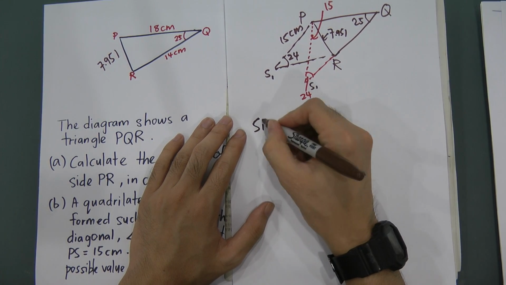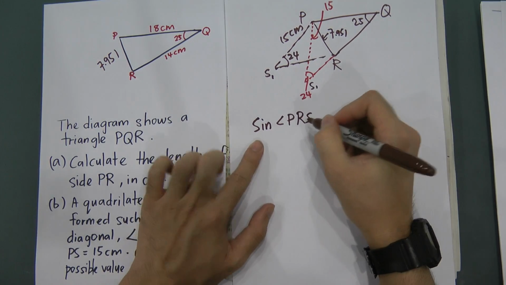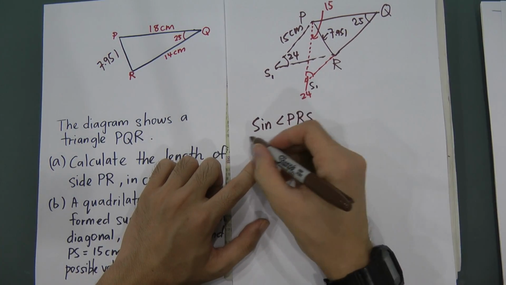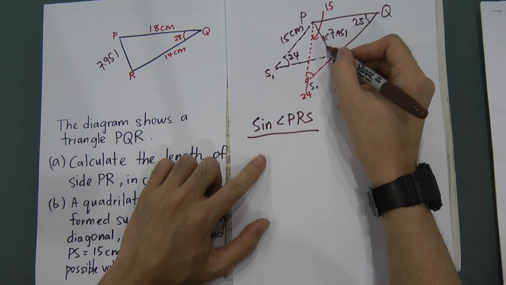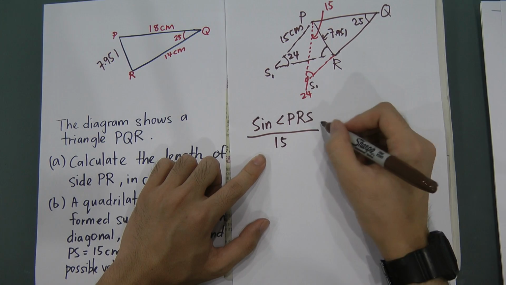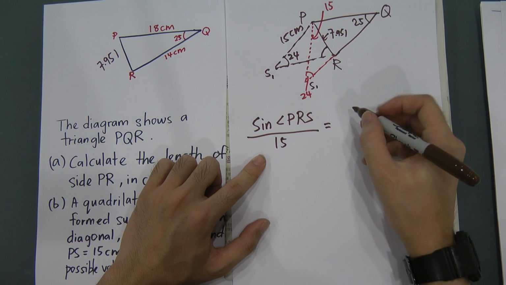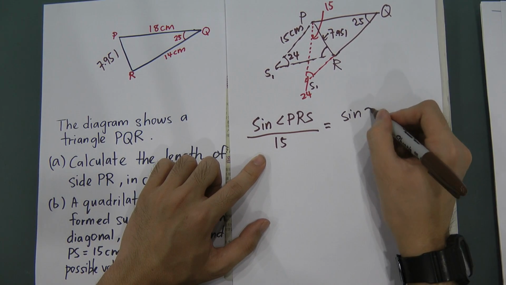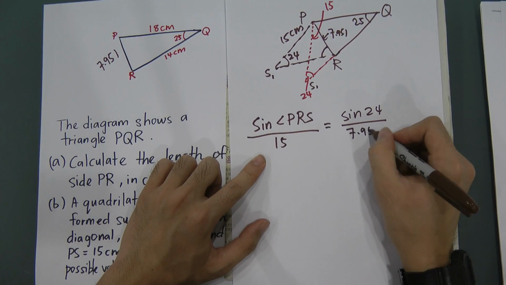We use sine angle PRS, this is what they want, divided by the opposite length, which is 15, equals sine of this angle divided by the opposite length, sine 24 divided by the opposite length 7.951.